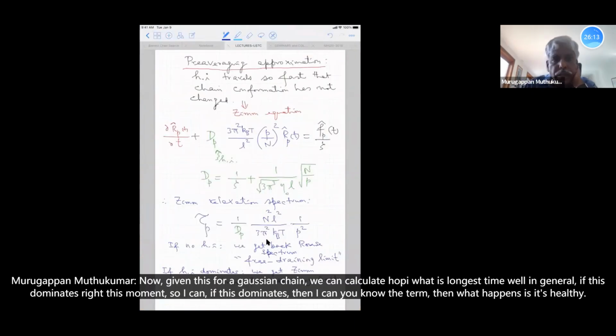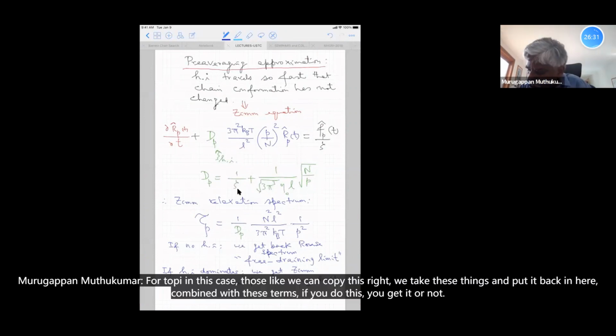Now, given this, for a Gaussian chain, we can calculate tau p. What is the longest time? Well, in general, if this dominates, then I can ignore this term. Then tau p in this case goes like, we can copy this, take these things and put them back in here, combine with these terms.